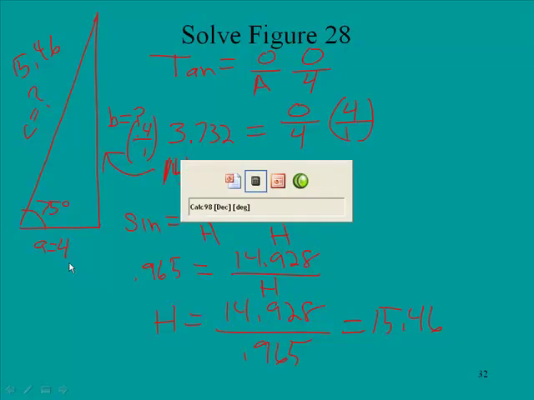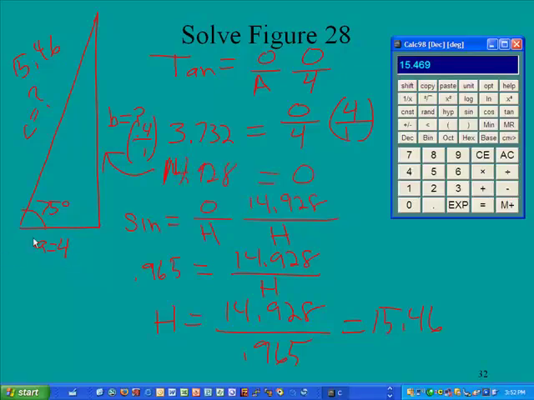So if we go in with our calculator, we could say 4 squared plus 14.928 squared equals, and then if we took the square root of that, 15.4, and that is what we would expect to see. Again, answers are in the back of the chapter.